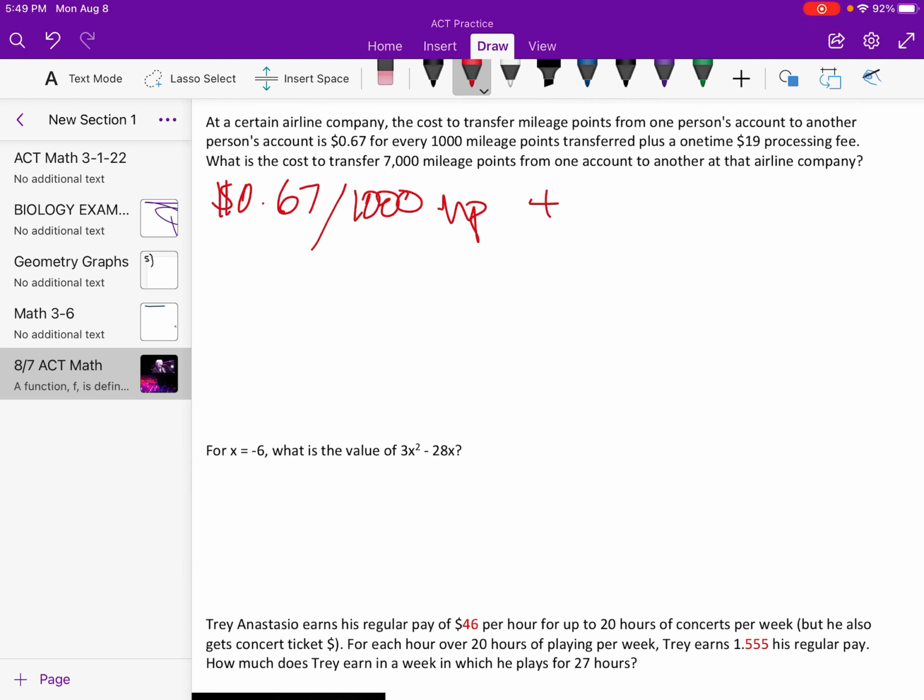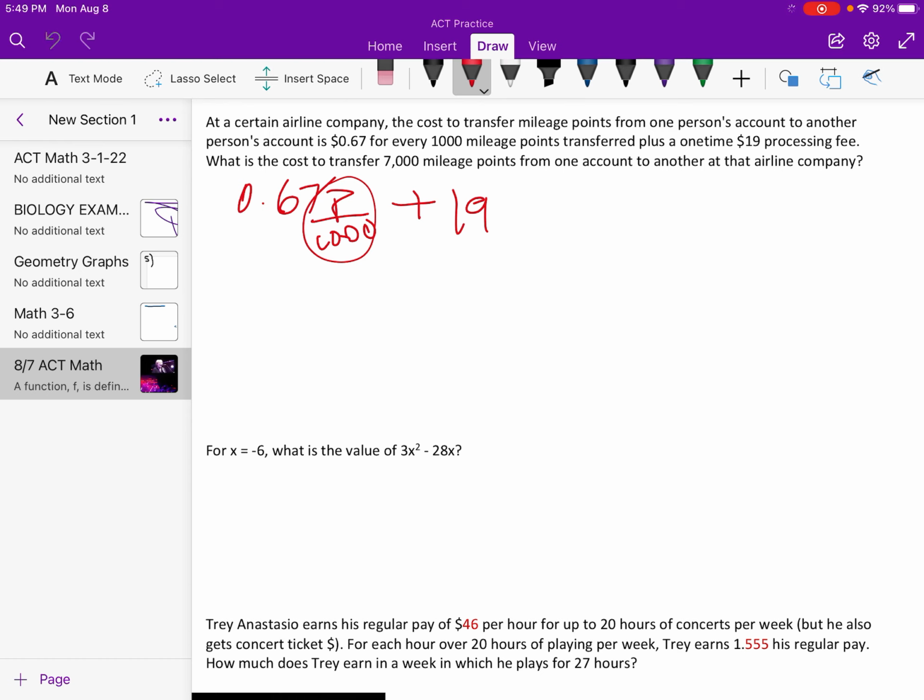We're pretty much creating an algebraic equation. So that times every 1,000, so we're just going to say P divided by 1,000, plus $19 processing fee.